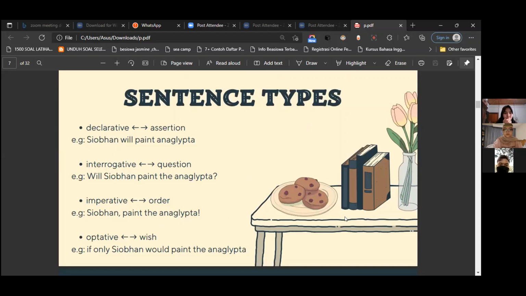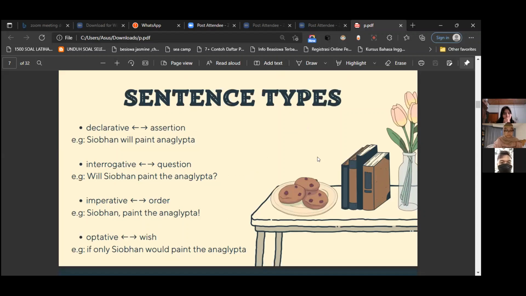Okay. Previously we learned about the characteristics of speech act. Now, we know that in a sentence there are several types. The first is declarative. Declarative is a sentence that usually is an assertion. For example, Siobhan will paint Anaglifta.